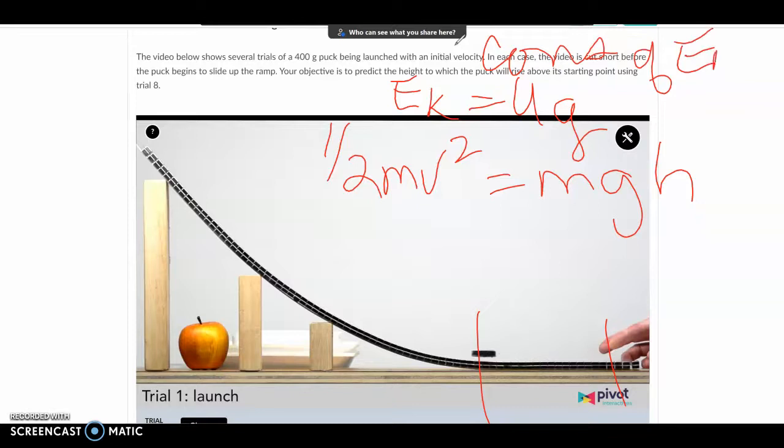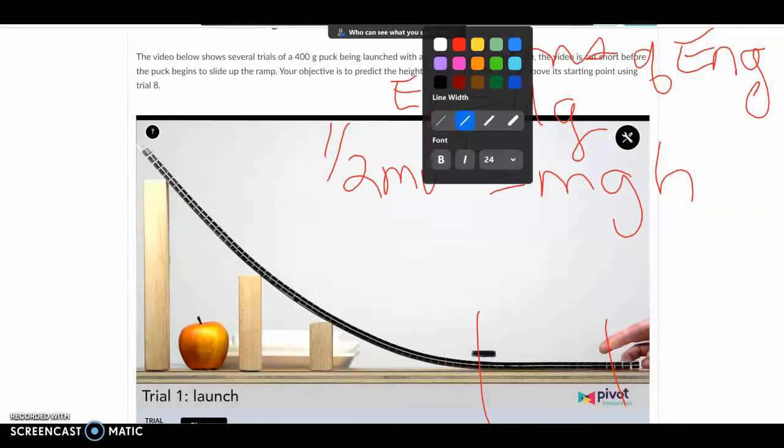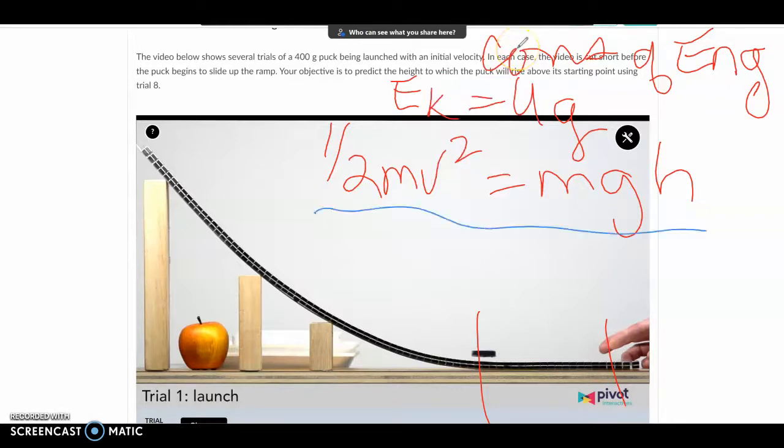If I were on the AP exam or in my verbal summative or whatever, I would write first conservation of energy, second energy kinetic equals UG, and then I would write the conservation equation, which is what that is. And then I would say, hey, I don't have to know the mass because the mass isn't a factor, right? So truly, all I have to know is the velocity and what planet I'm on.